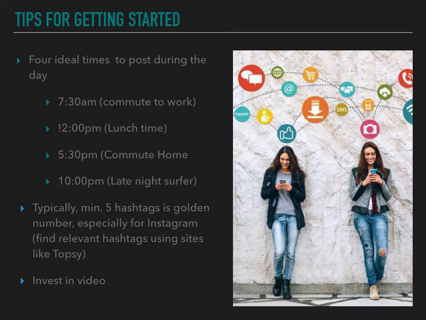On the slide it says Topsy. They've actually since been shut down, but the other 2 still provide that. Also, when you're on Instagram, you have an idea of what's relevant to your business, and it will list how many times that particular hashtag has been used, and you can get an idea of what's popular.